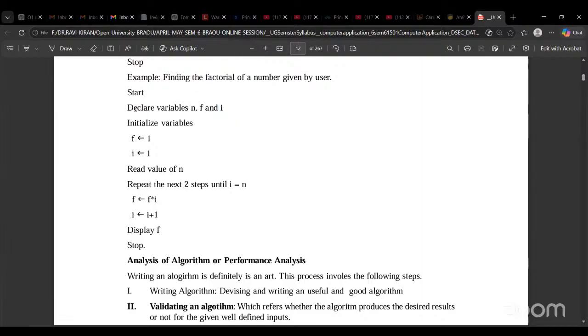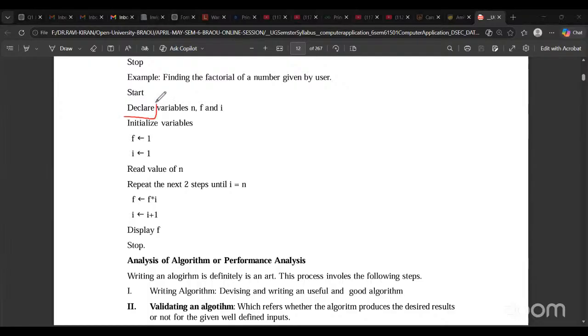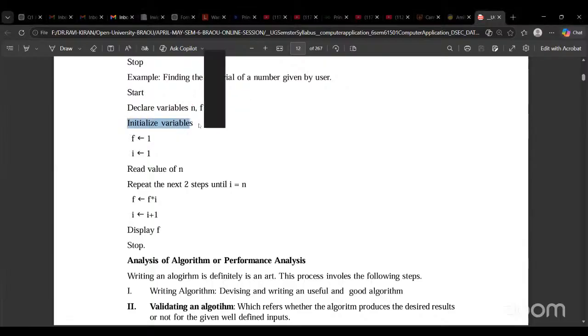This is called declaring. Declaration here means the variables are empty, no value. Here, no value. Here, no value. So declaration means the variables are empty. Then after that, initialize the variables. Here, the variables are assigned some initial value.